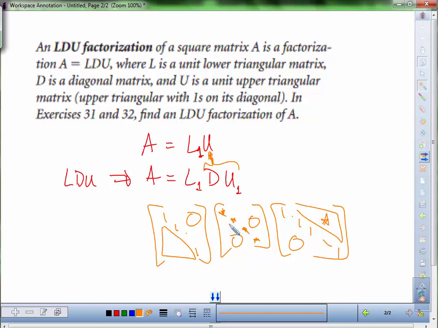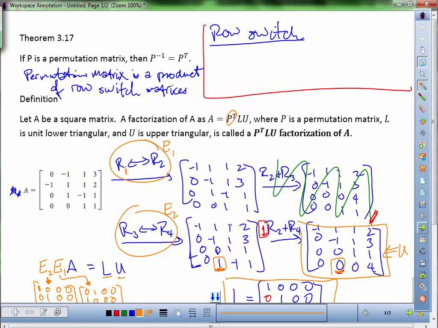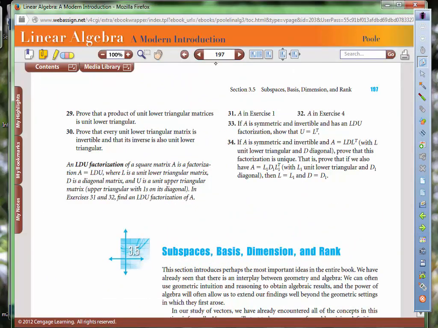Without doing much work, we can probably see that the diagonal from the upper triangular matrix that we had would go into this diagonal on its own, and that would just make these into 1s. But that's something you should explore and examine. This is from your book, on the problems on page 197.